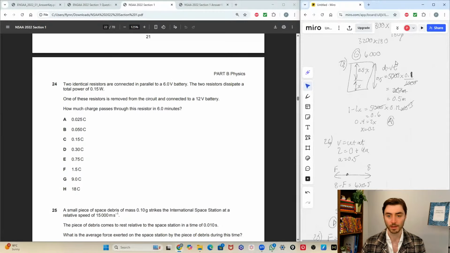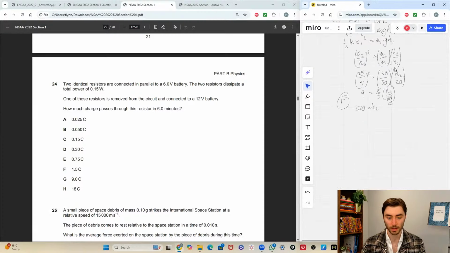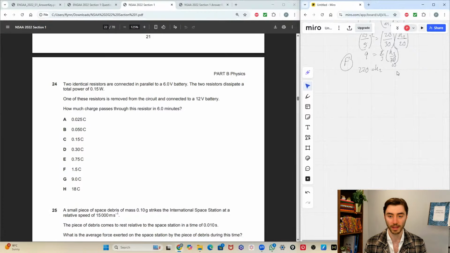Okay, so let's go back and redo 24. I'm going to split how long it took me to find that. That was ridiculous. All right, so let's redo 24. Anticipated total power of that much. So let's think about it. When one of the resistors is removed, let's compare these two circuits instead.